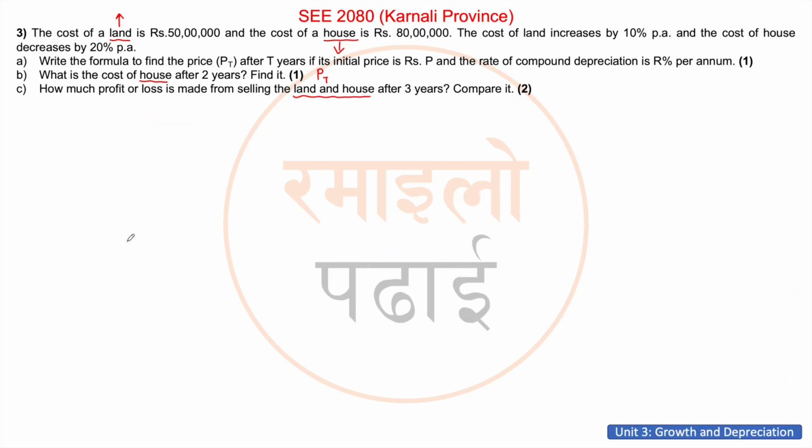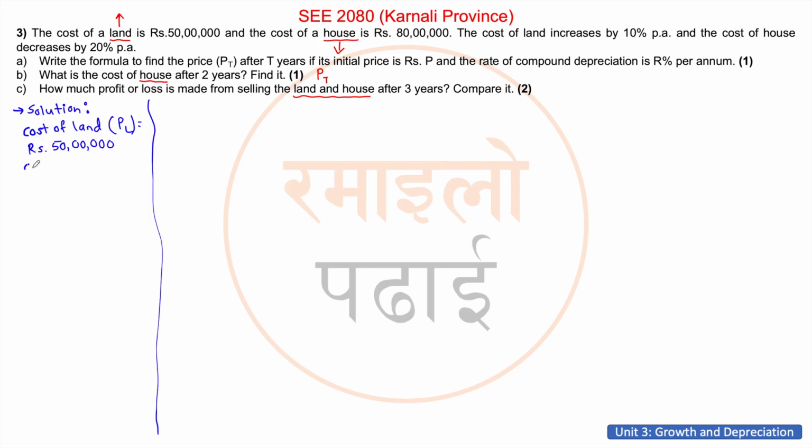Now let's start the solution. Let's first write what is given to us. So cost of land, we will write it as PL, which is equal to Rs 50 lakh.